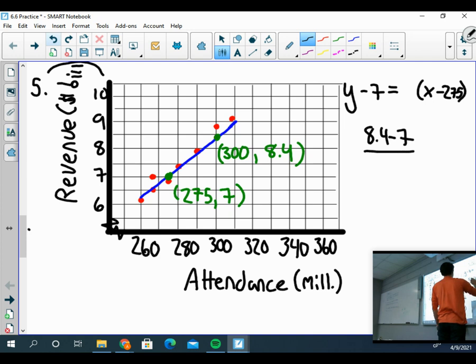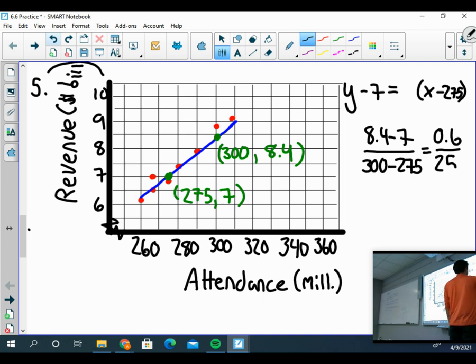So I do 8.4 minus 7 over 300 minus 275. Or I'm sorry, yes, that is correct. And I get 0.6 over 25, which if we do in the calculator, comes out to be 0.024.